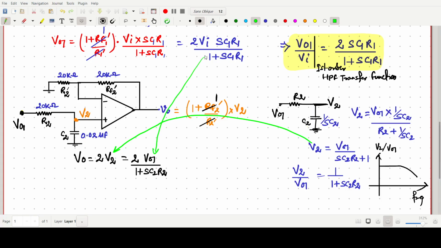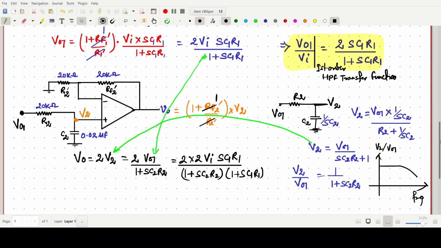Yes or no? The whole function is V naught. So now what we will do, we can write twice into twice Vi SC1 R1 upon 1 plus SC2 R2 into 1 plus SC1 R1.